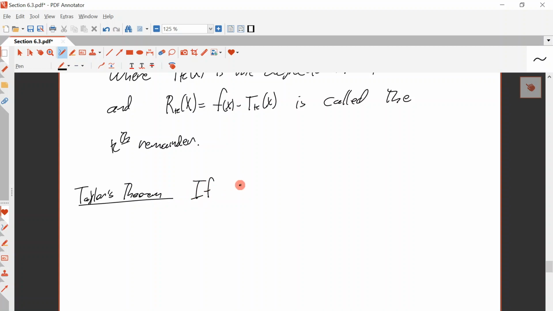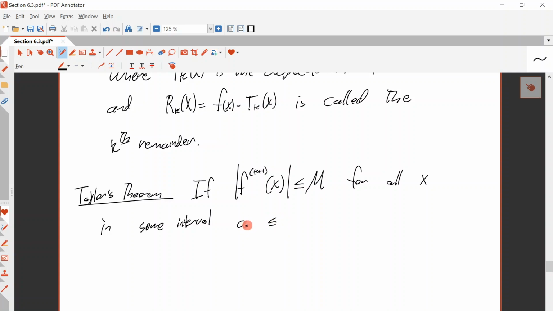If the k plus first derivative is less than or equal to M, for some number M. So you take f, you take the k plus first derivative, and it's got some maximum value for all x in some interval, a minus r less than or equal to x less than or equal to a plus r.